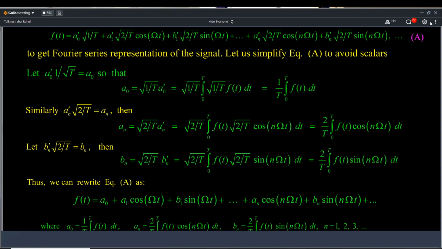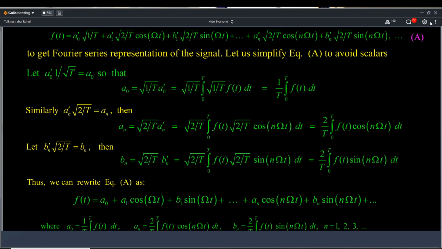And the scalar coefficient that is required to make them orthonormal comes out of this integration, and that is nothing but 1 by T in the case of a0, and in the case of an and bn it will be 2 by T.